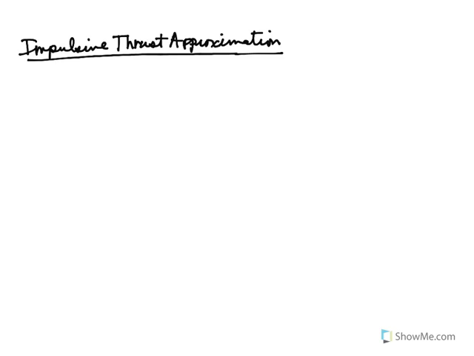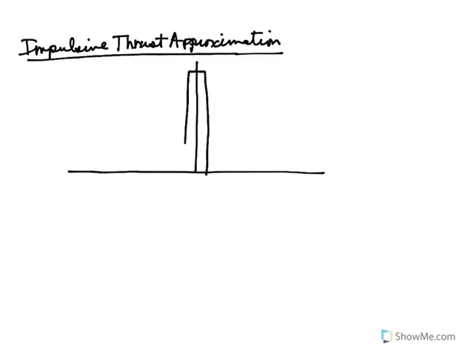So I'm going to draw this picture as follows, which is that imagine that this thrust is a really large value and it takes place over a very small amount of time. So this value T is very large. Now remember, we said that T was constant because the burn rate is constant. And this time interval here, delta t, is very short.